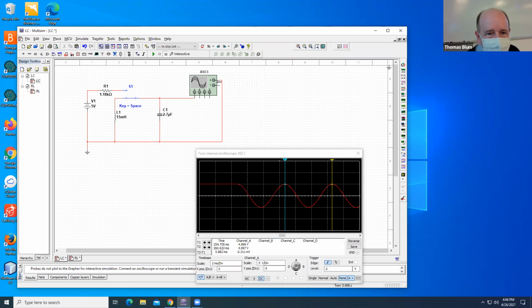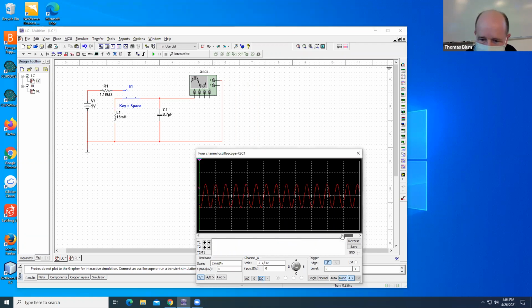So now, again, start the simulation, click in the space bar, and then stop. Okay. And so now we can see it's much more bunched together.